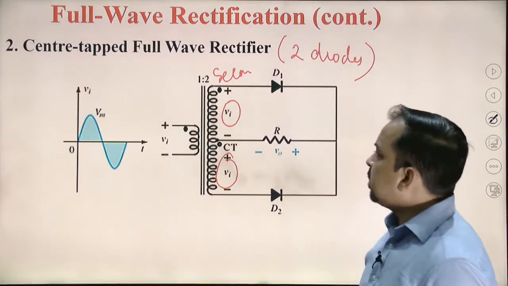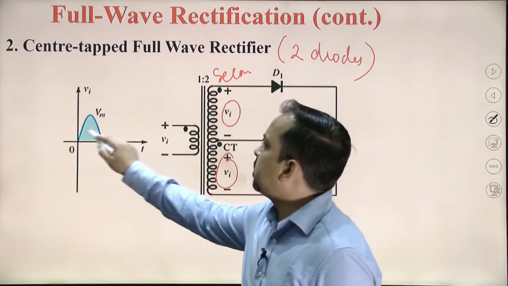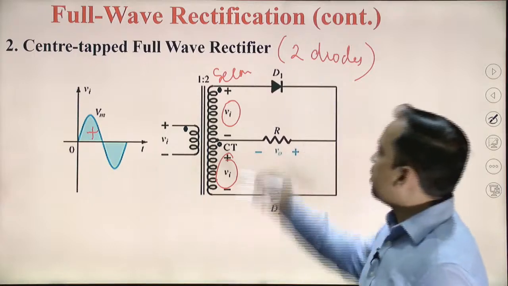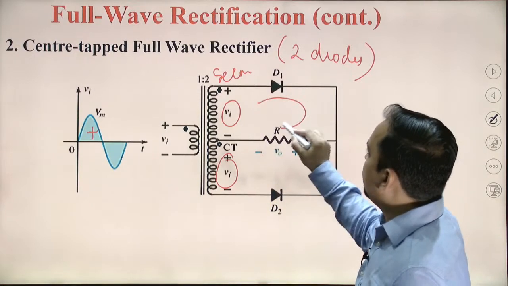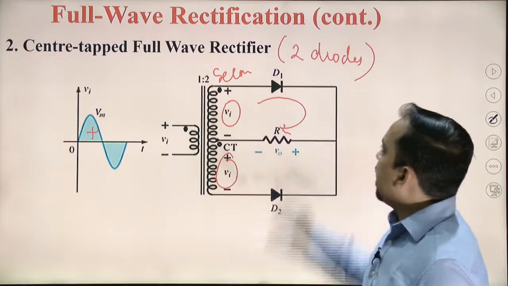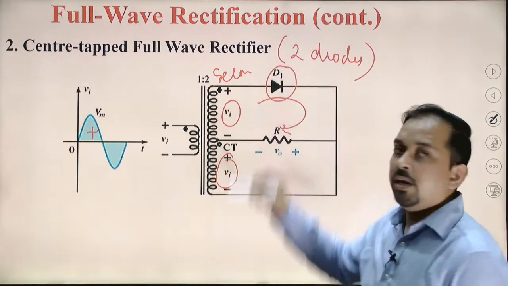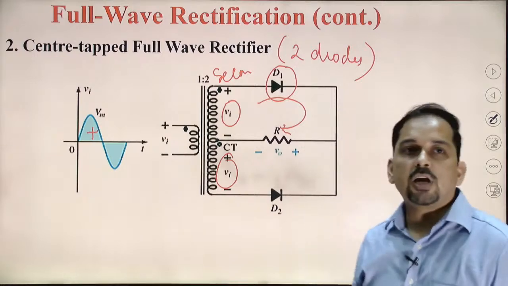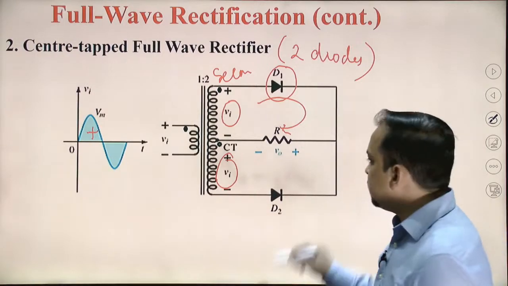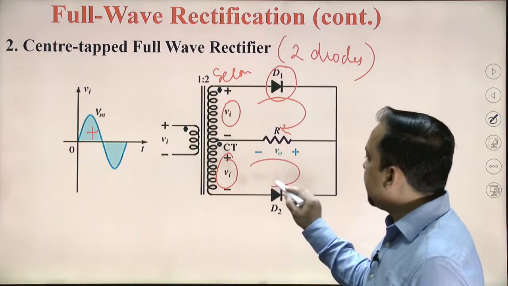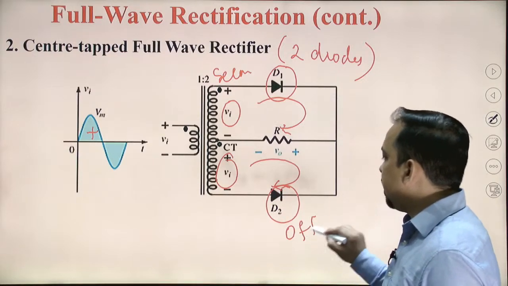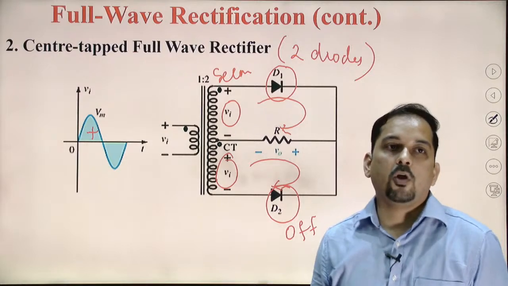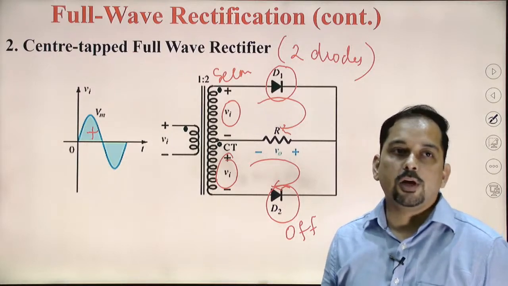Let's say we give the positive half cycle: the current will start to flow like this, diode D1 will be turned on and starts conducting, whereas diode D2 will act as an open circuit because it will not allow current to flow.